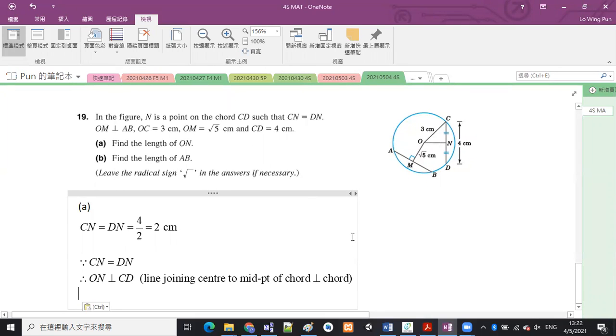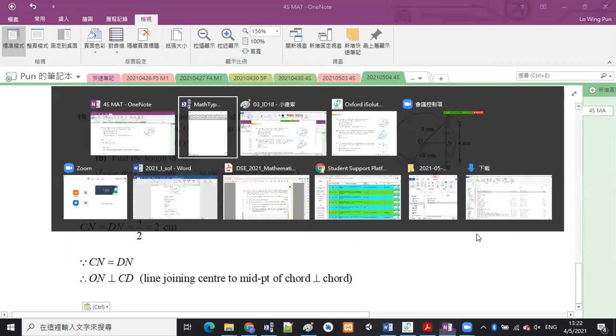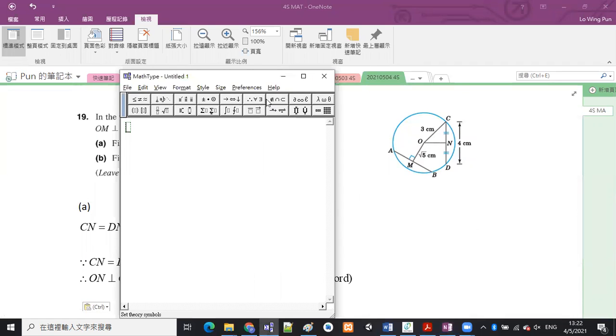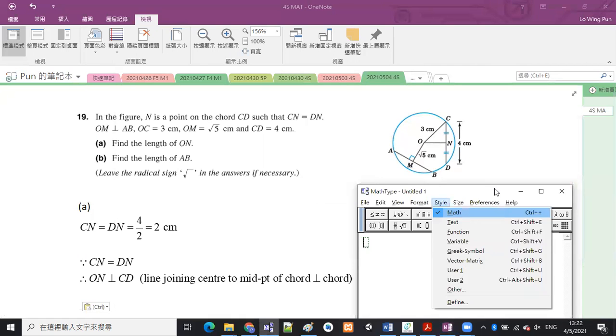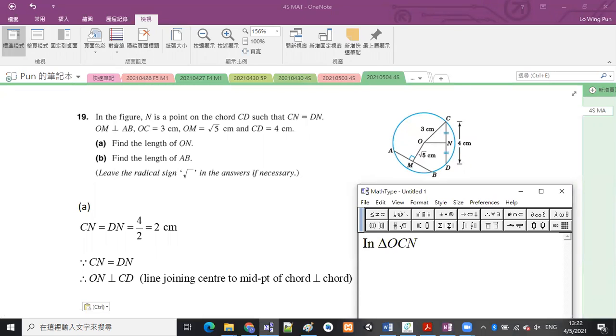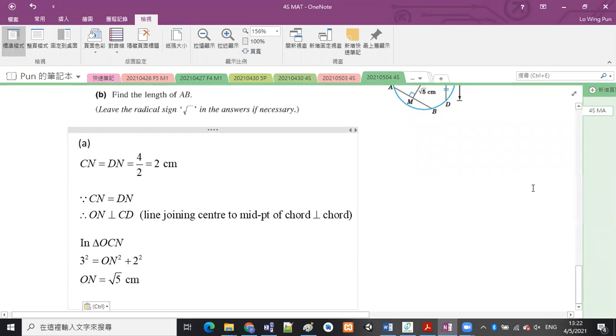Therefore it is a right angle triangle, and now I can use Pythagoras theorem in triangle OCN. So in triangle OCN, we have 3 square equals ON square plus 2 square. Then ON will be equal to square root 5 cm. That is okay for part A.